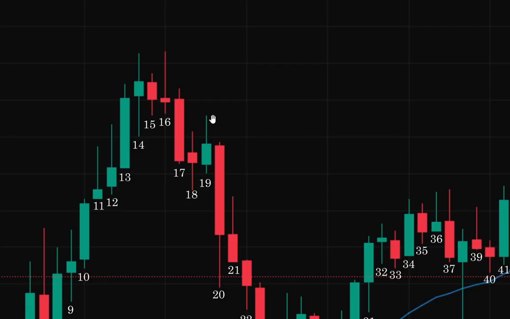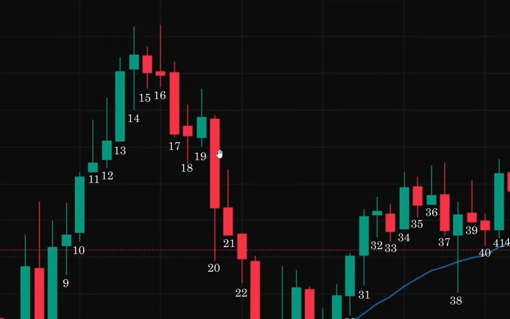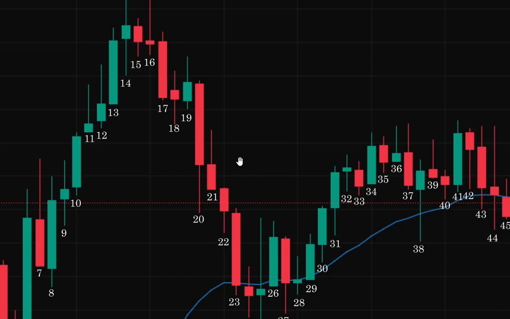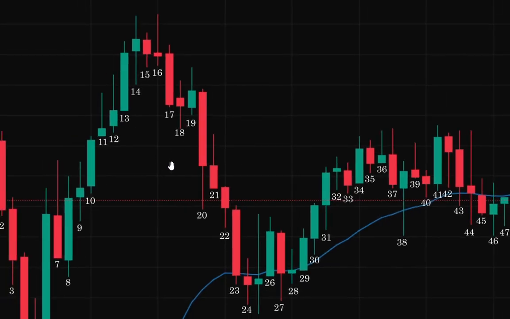I wanted to trade if the high of bar 19 got broken, and then I could have sold a CE, but that did not happen, and bars 19 and 20 formed. So because of my setup, I got saved from entering a bad trade.